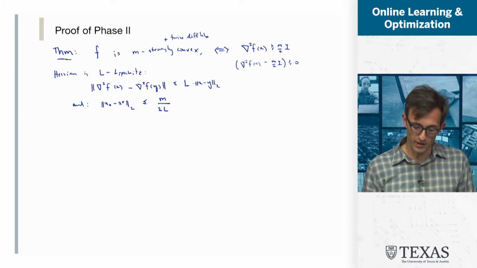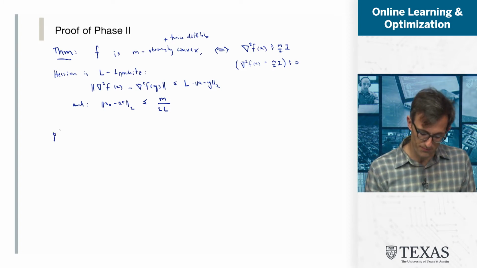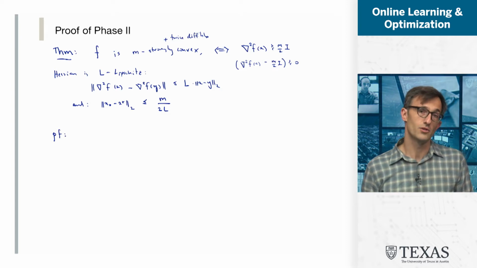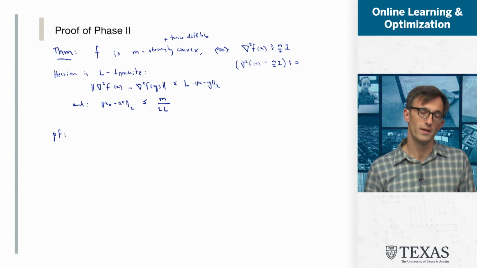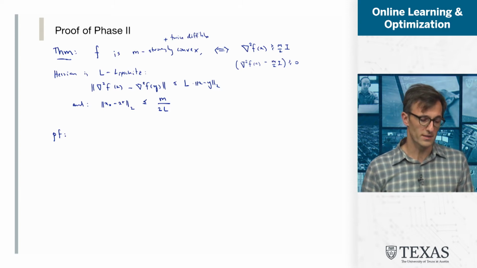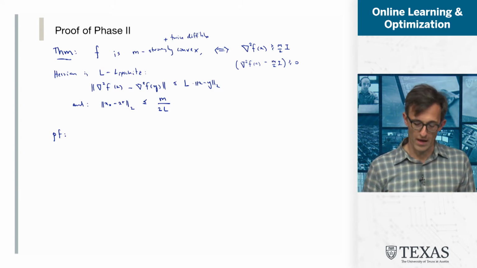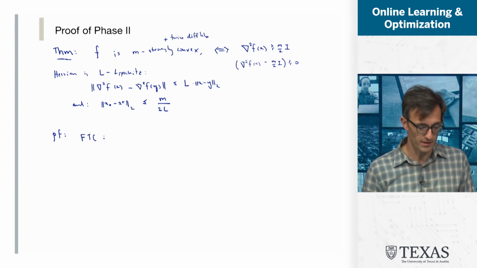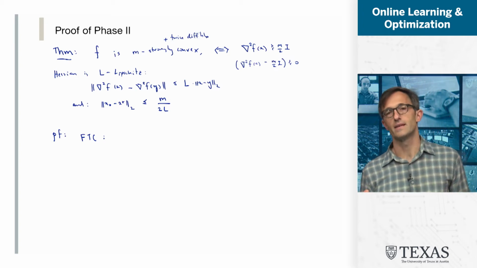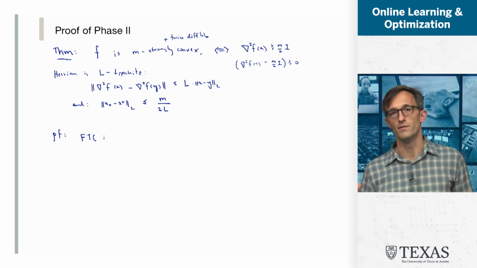Okay, so what are we going to use? The main element of the proof is going to rely, just as we've seen in other proofs, on a common tool in convex optimization and convex analysis: the fundamental theorem of calculus. So let's remember this one more time. Again, we've used this before in these lectures. The fundamental theorem of calculus basically says that integrals and derivatives are inverses of each other.